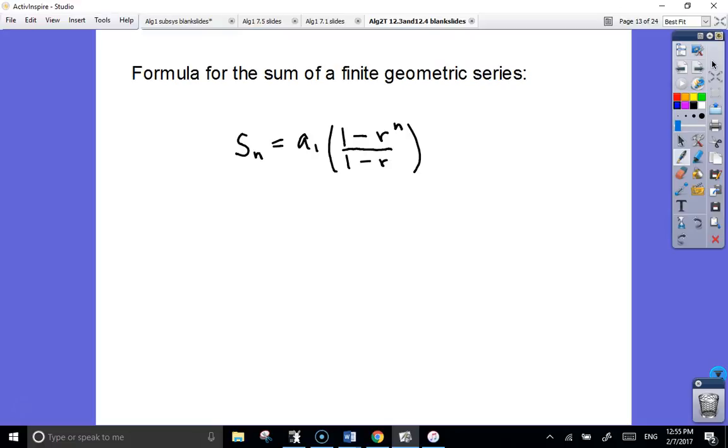You can see the things that we need to plug into this formula. In order to find the sum, we need the first term, we need the r, and we need the number of terms. If you've got those three things, then you can use the formula. And unlike the arithmetic, we don't need the last term. There's no part of the formula that would ever ask for that. We just need those three things.